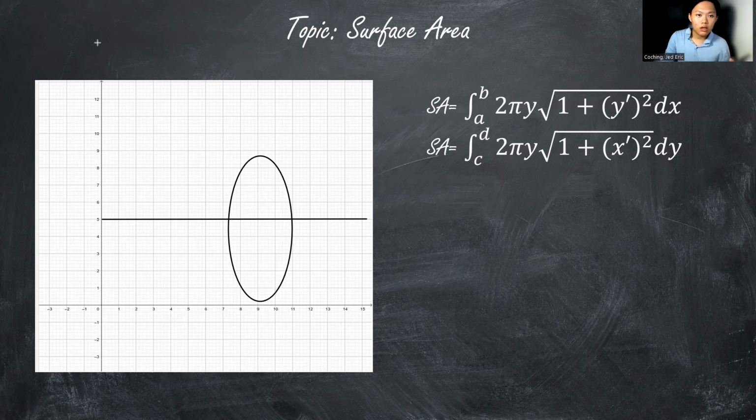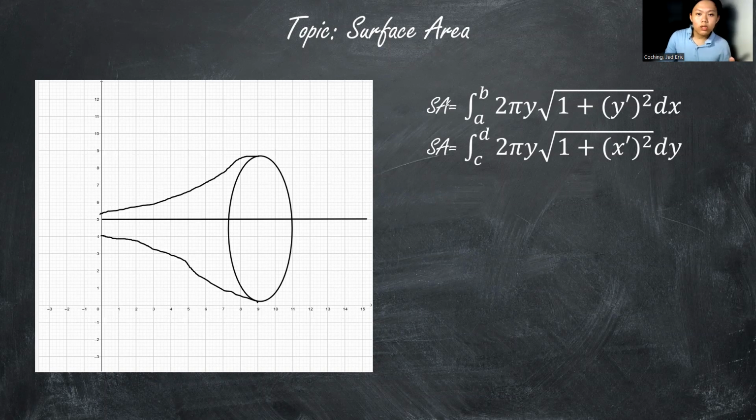And let's say we have a curve which goes like this, and we need to find the surface area of this cone, or you could say cylinder.